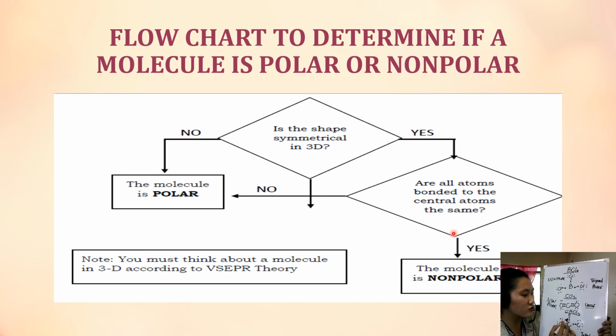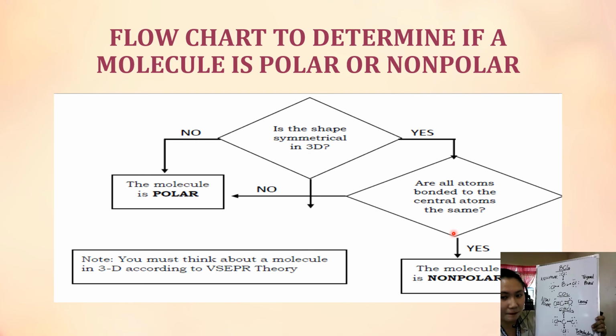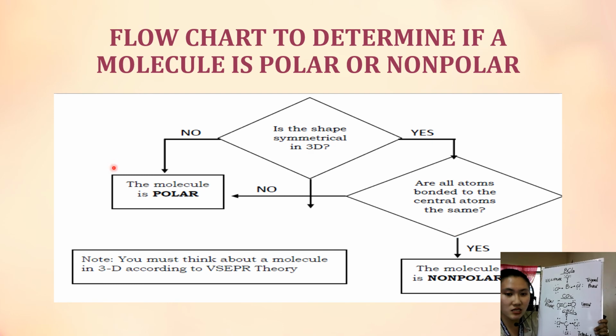So, si hydrogen bonded. Si Cl3 bonded naman. Pero, are they the same element? No, because tatlong Cl3 at isa lang yung H. So, this means it is a polar molecule.